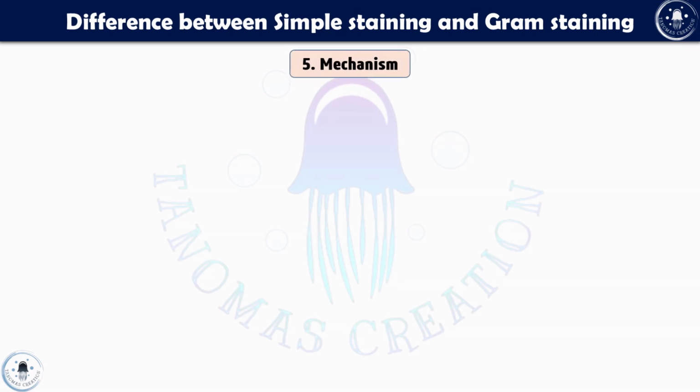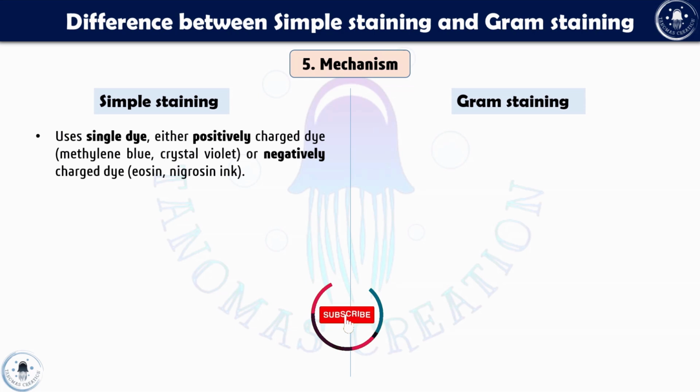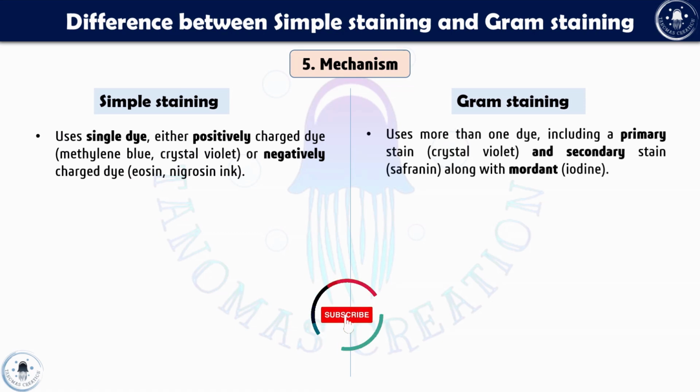Now what is actually the reason behind this type of staining? So first, in the simple staining, if you see, it uses a single dye. Okay, either positive or negative. So since it uses a single dye, it stains all the bacterial cells the same color.